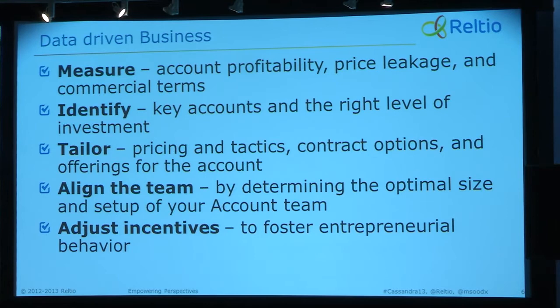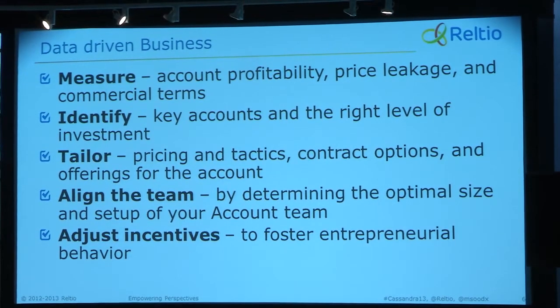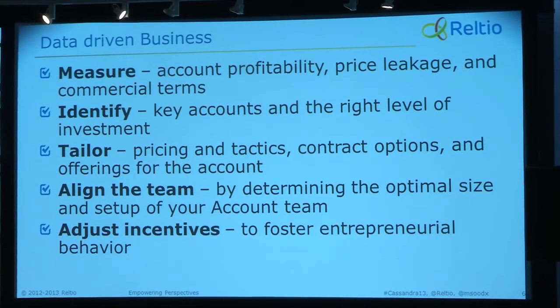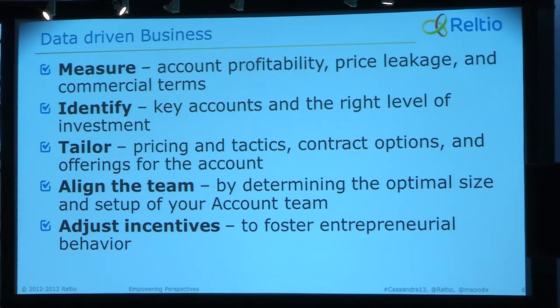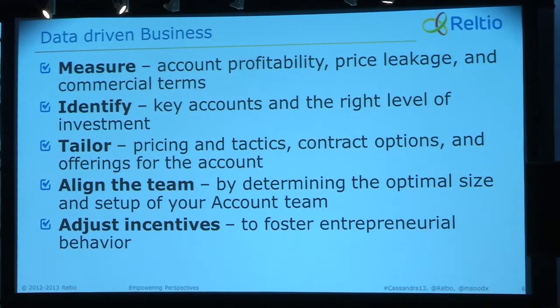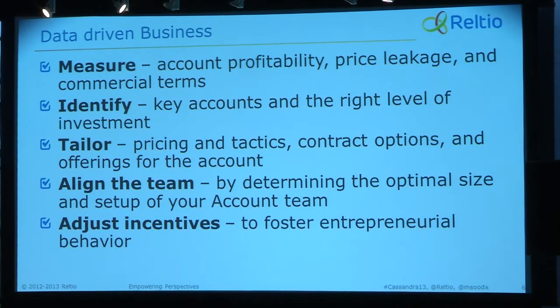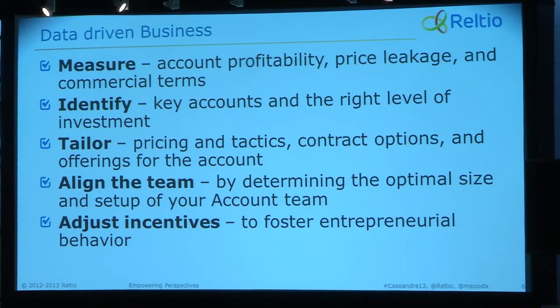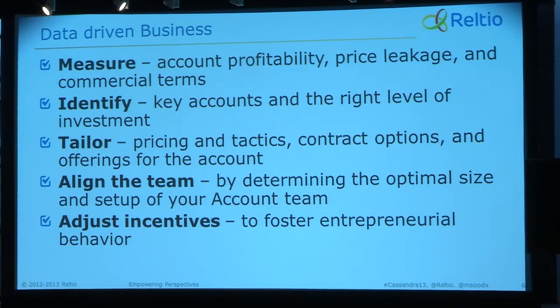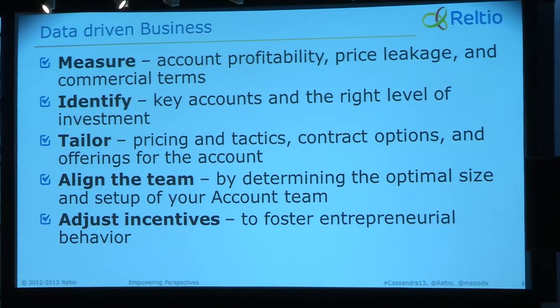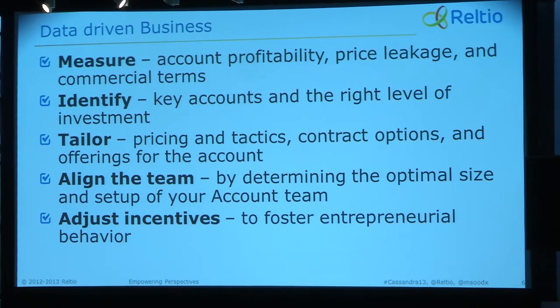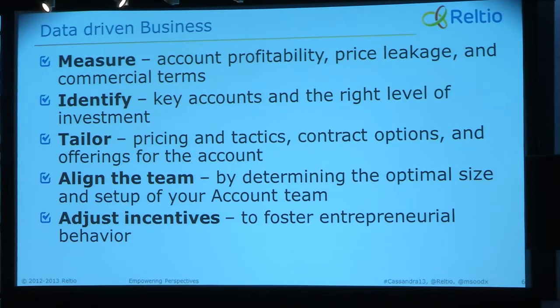So understanding what are the sales that are currently being driven and what is the potential size of the account, what can be the potential revenue that can be generated from these accounts, or understanding any kind of price leakage, because when you look at Kaiser or Sutter, these are large organizations, or some of the insurance companies, these are large organizations, and having multiple contracts can lead to price leakage type of scenarios.